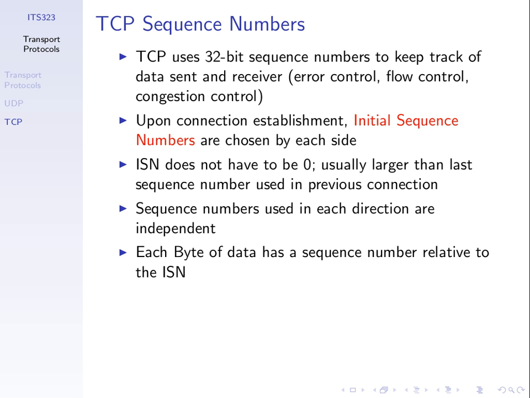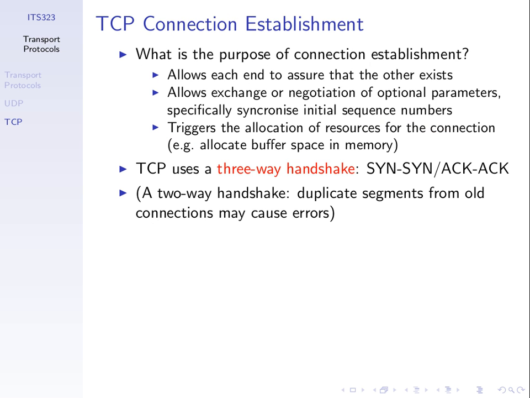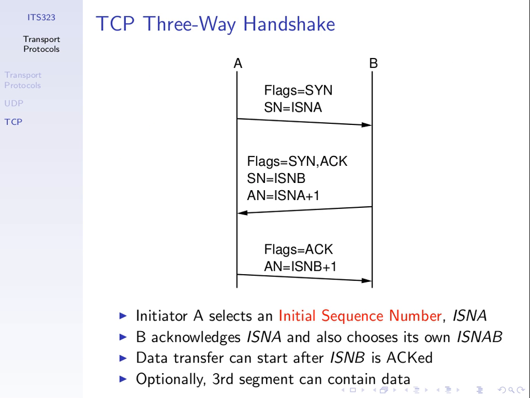So that's one role of setting up a connection, to tell each other or to synchronize the initial sequence numbers. Let's see how that works. It's shown here. I'll draw on the board a bit more detailed example.